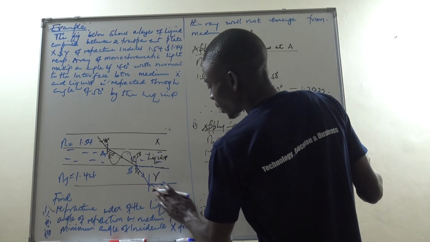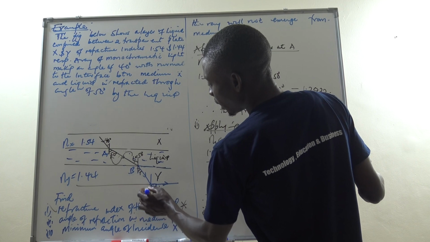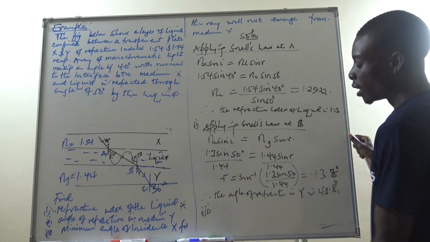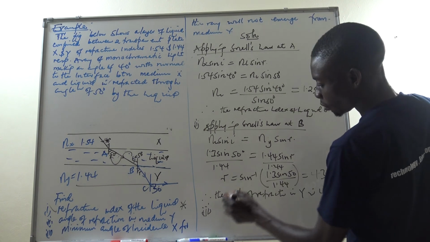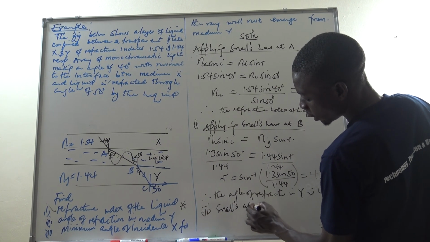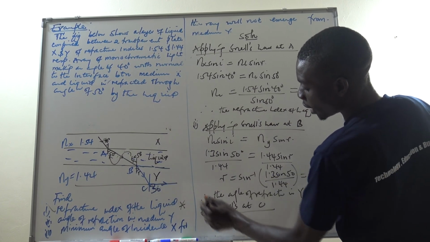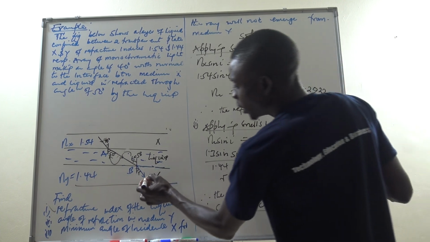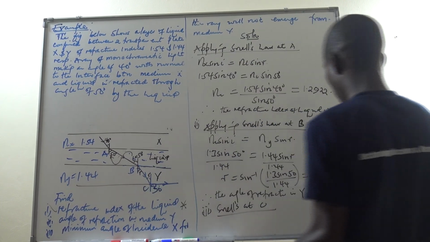And that will tell us that now, if it is emerging here, this angle here is 90. So if this is the point C, I can say applying Snell's law at C. So there we shall say, if we are now here, what is this angle here? This angle here will be the same R, the R we have here.